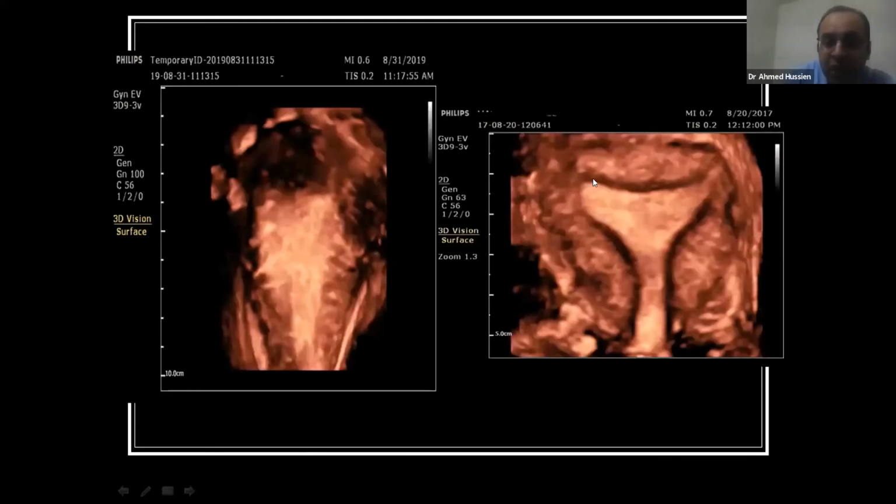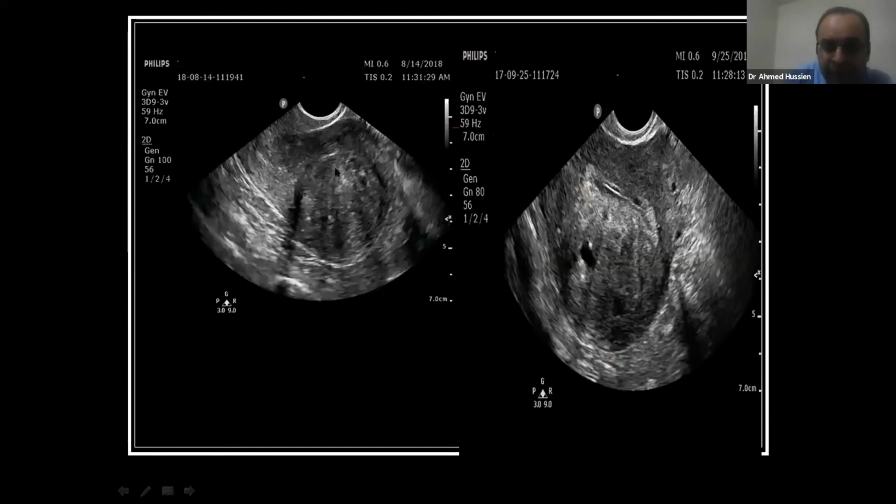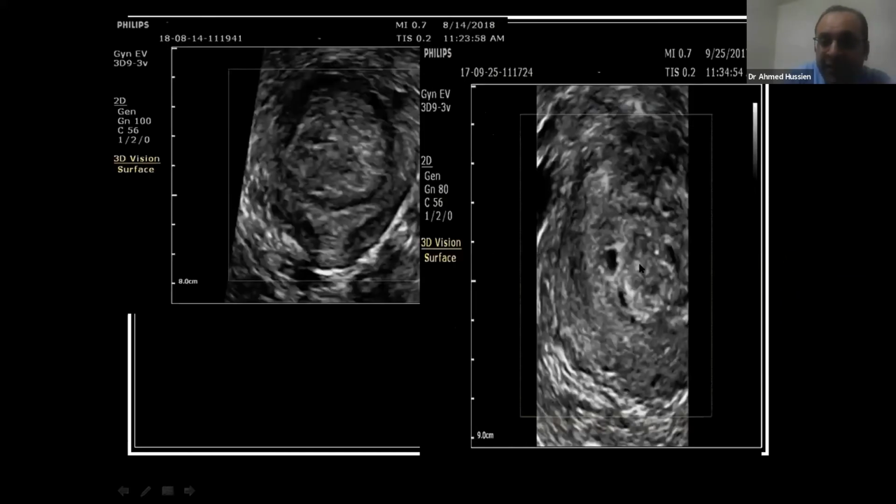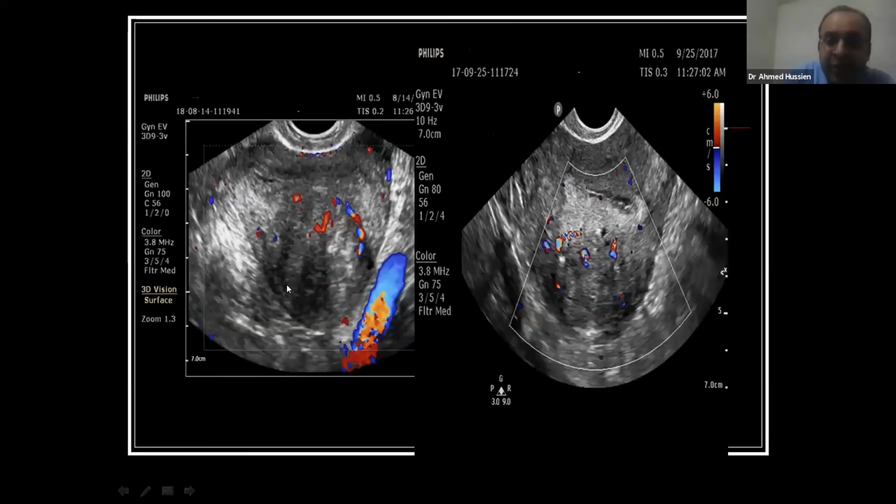And this is the normal junction zone, and this is the abnormal, irregular junction zone, suggesting adenomyosis. Two patients, one with subintramural myoma and one with adenomyosis. The difference: well-defined edge in intramural myoma, ill-defined edge in adenomyosis, and also the Doppler may help you to diagnose.